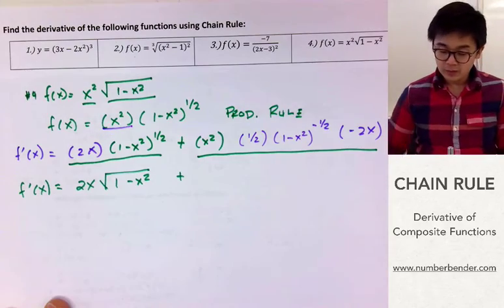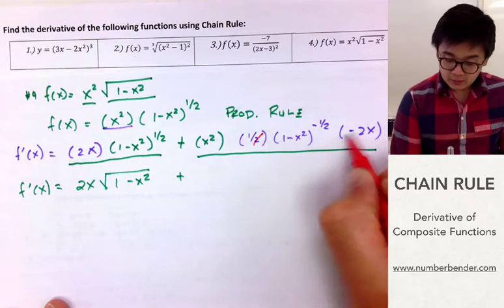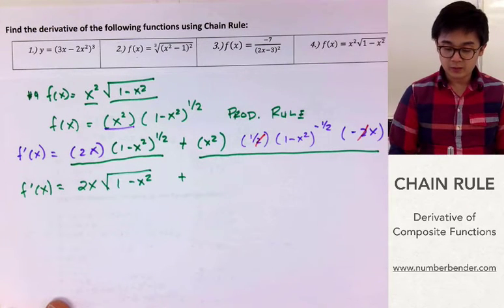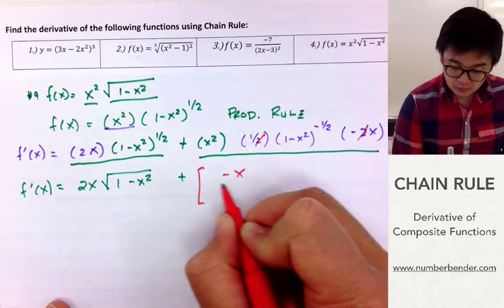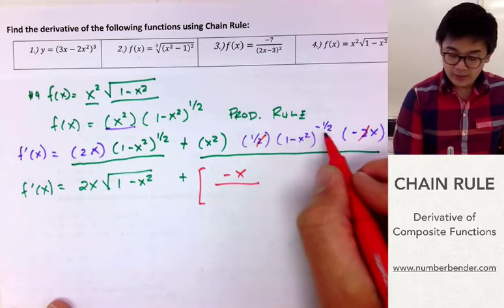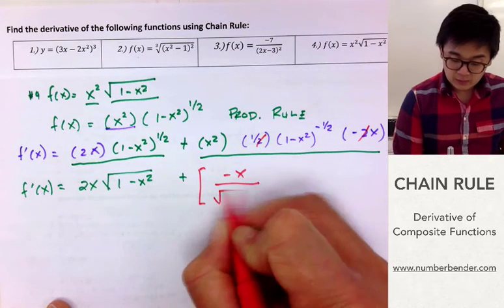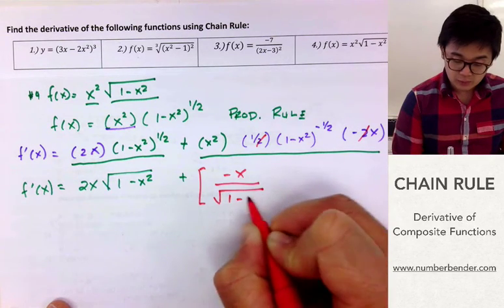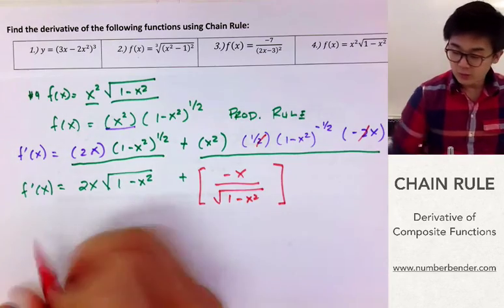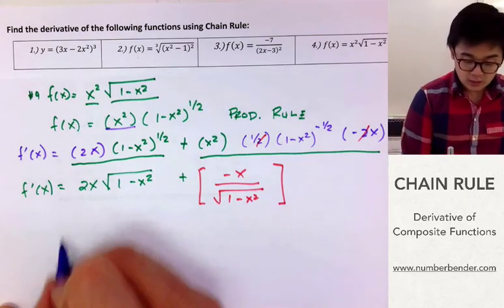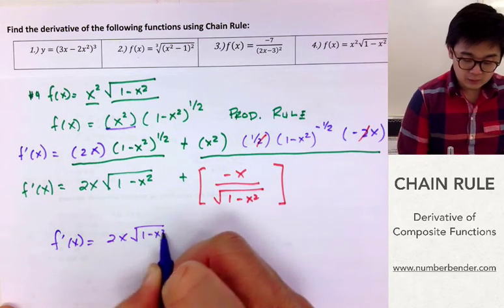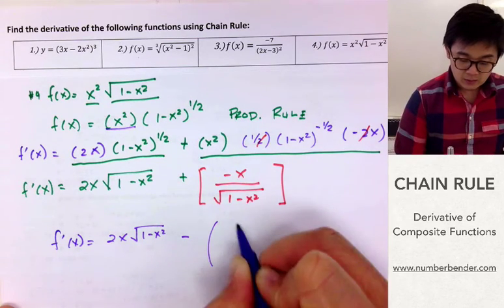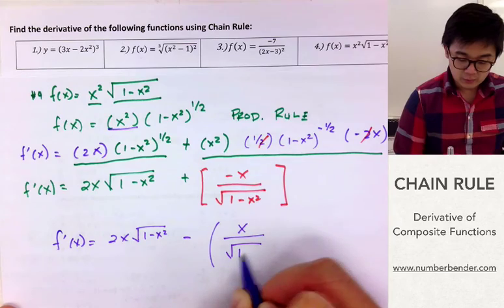And the other group, we can simplify by simplifying the product of 1/2 and negative 2x, and we'll have negative x all over, with the negative 1/2 exponent rewritten as a square root in the denominator, the square root of 1 minus x squared. So if we want to further simplify this answer, f prime of x is 2x times the square root of 1 minus x squared minus x all over the square root of 1 minus x squared.